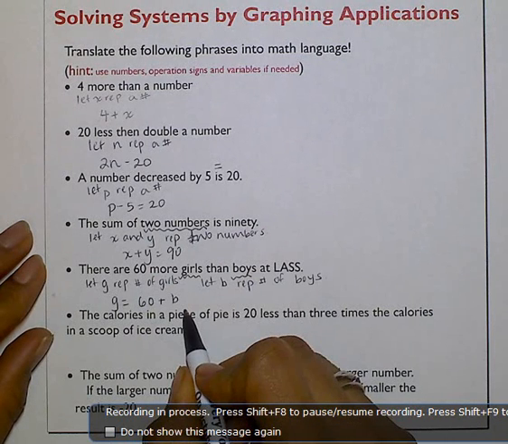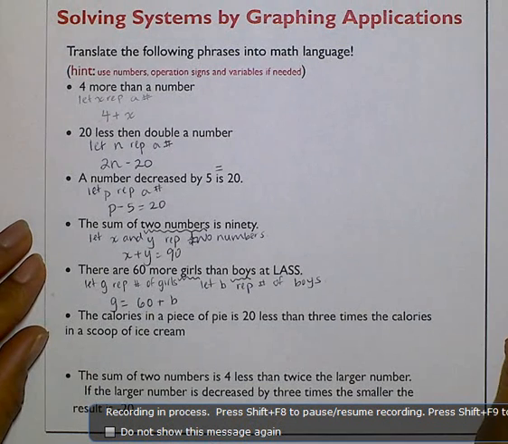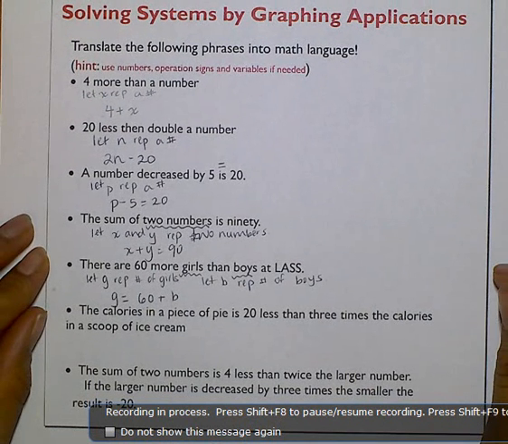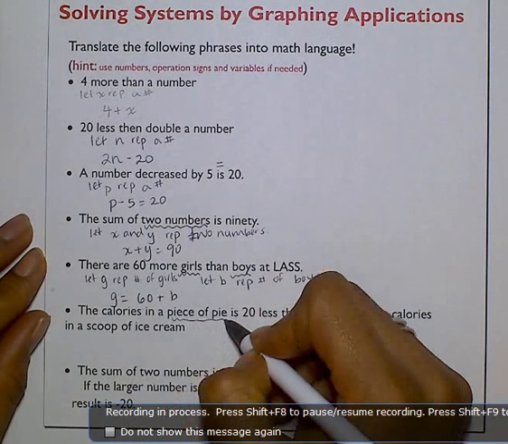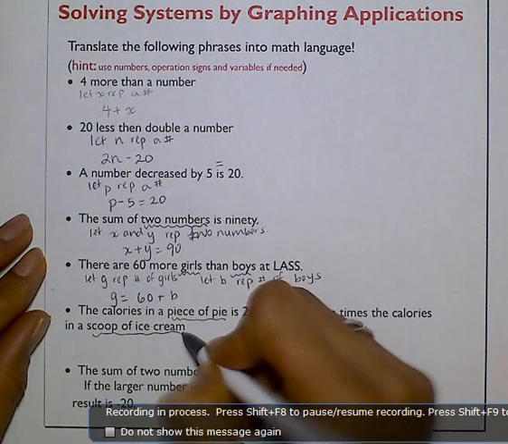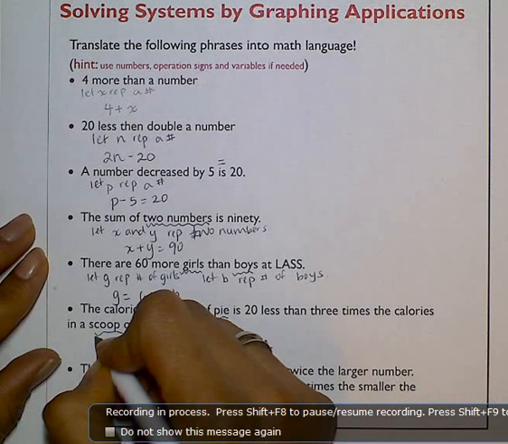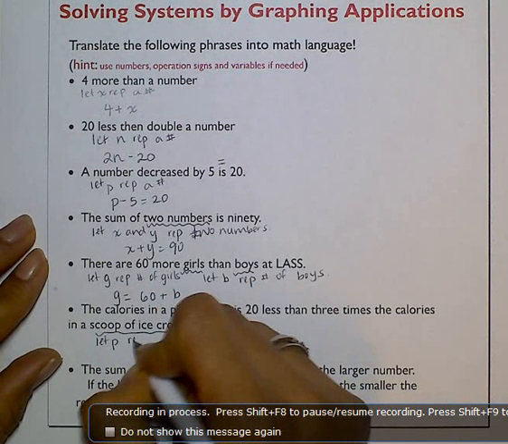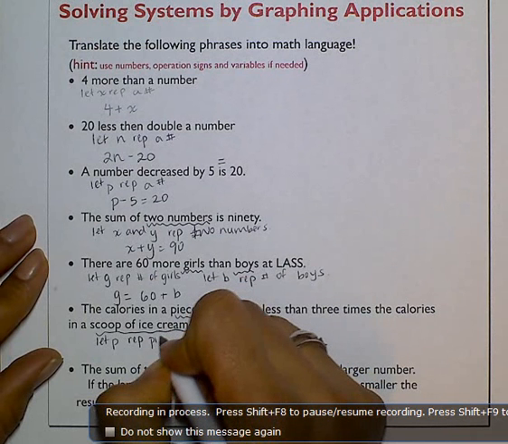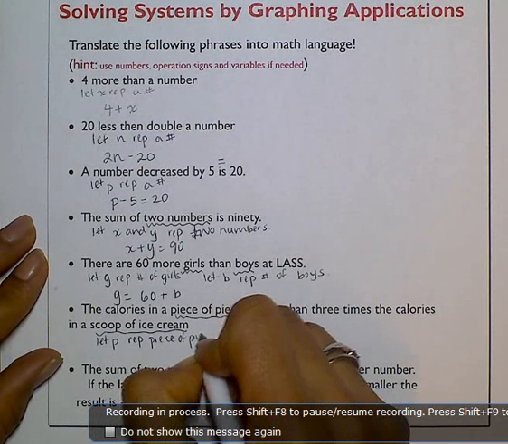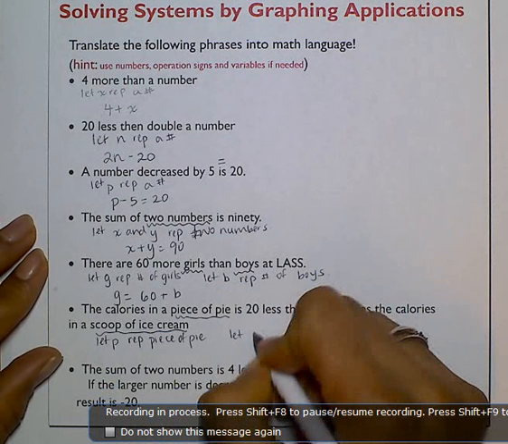Okay, moving on. The calories in a piece of pie is 20 less than 3 times the calories in a scoop of ice cream. So here again we have two things that we're comparing, piece of pie as well as scoop of ice cream. So I'm going to say let P represent the piece of pie, and let I represent scoop of ice cream.